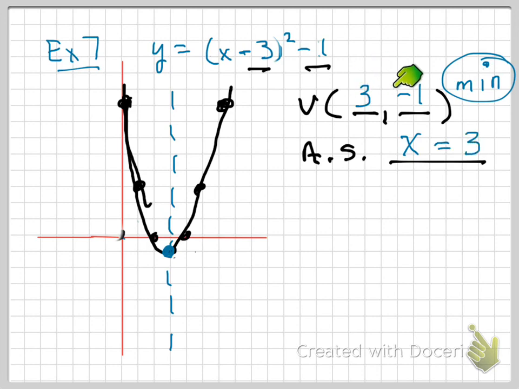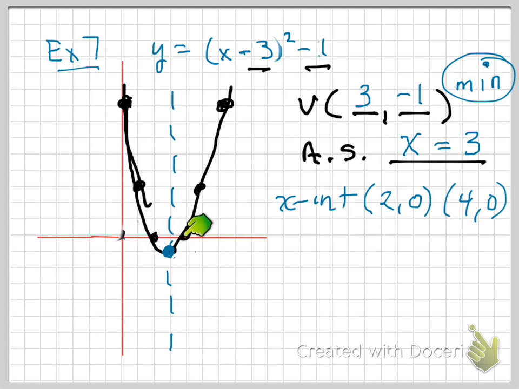Notice this number always matches this number. My x-intercepts are at (2, 0) and (4, 0). Those are the 2 points where it crosses the axis, right here. And my y-intercept is up here at (0, 8). And there you go, there is your parabola.